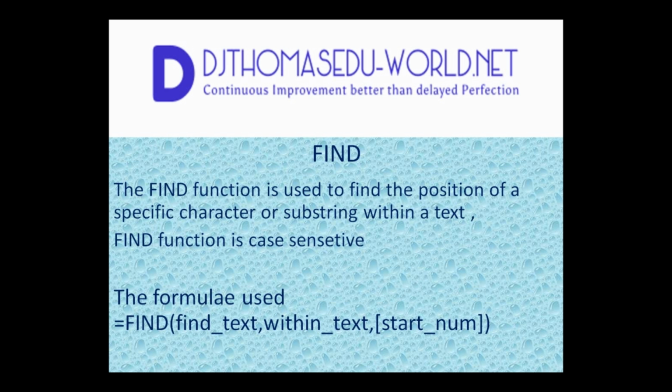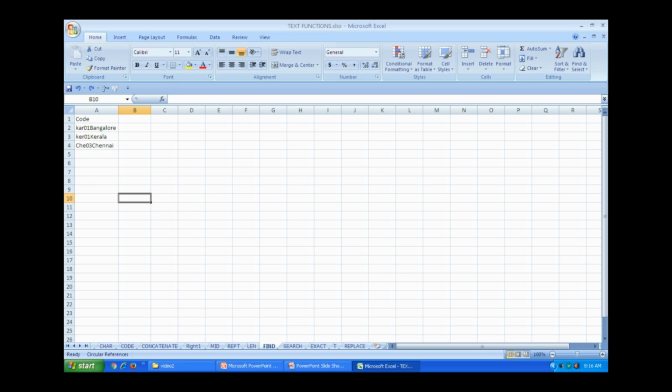Let's see how it is done in an Excel spreadsheet. I have a spreadsheet here. I'll be using a FIND function. Say equals FIND, click on FIND, open the bracket. Now as I mentioned, the FIND function is very case sensitive.